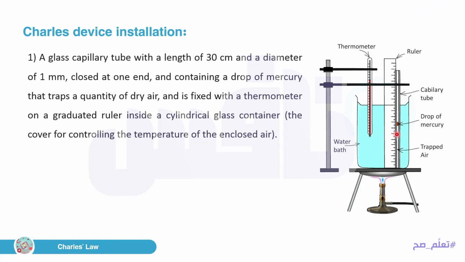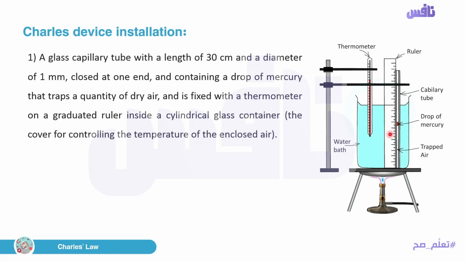It is also fixed with a thermometer to measure the temperature, on a graduated ruler inside a cylindrical glass container, the cover for controlling the temperature of the enclosed air.